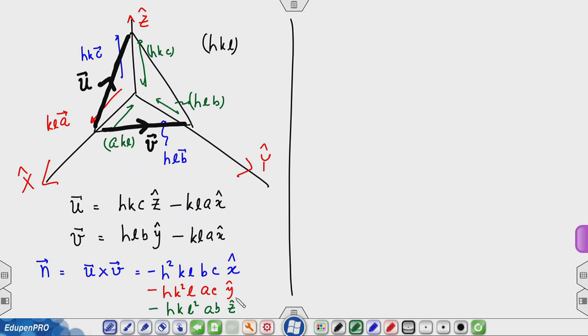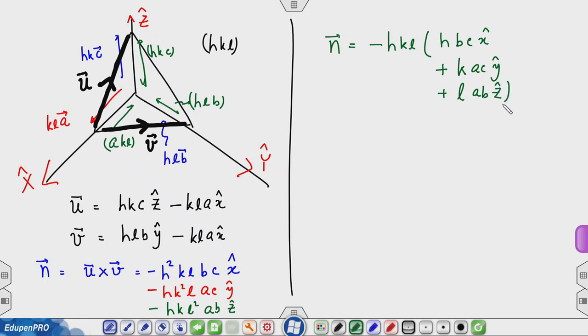That's the normal vector. So the normal to the plane, I can take out h k l, minus h k l. I am left with h b c x plus k a c y plus l a b z.